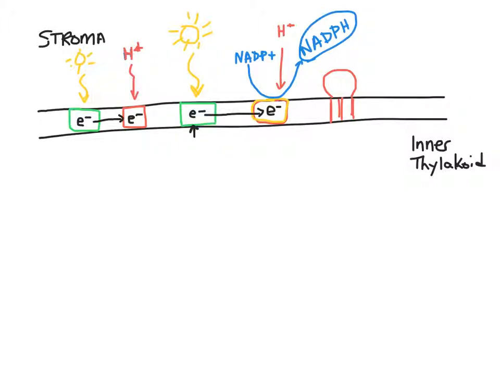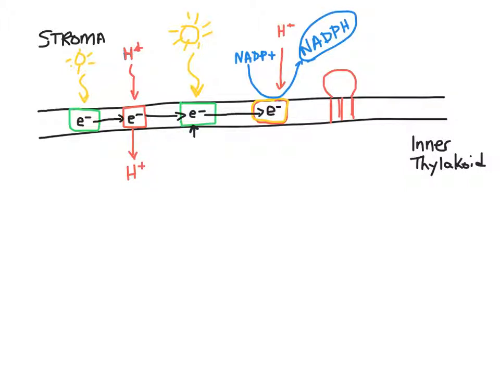The H comes closer to the electron, and the electron pulls it all the way through and puts it inside the inner thylakoid space. And if you notice, if we start pulling H's on one side, we start developing a gradient of protons on the one side. And then that electron will continue on and replace at photosystem 1, and photosystem 1 excites it and keeps moving on.